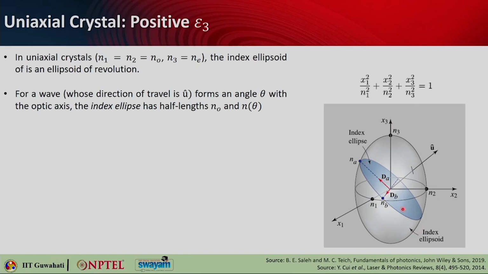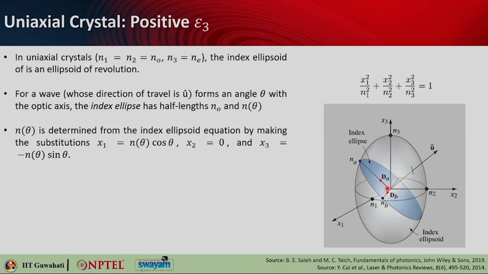The half lengths of the major and the minor axis of the index ellipse are basically the refractive indices NA and NB of the two normal modes. Here we have seen that this is NO and this will be N theta.